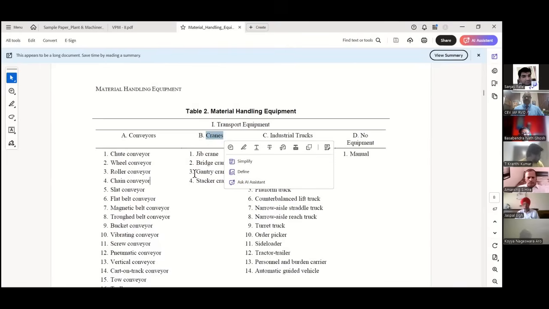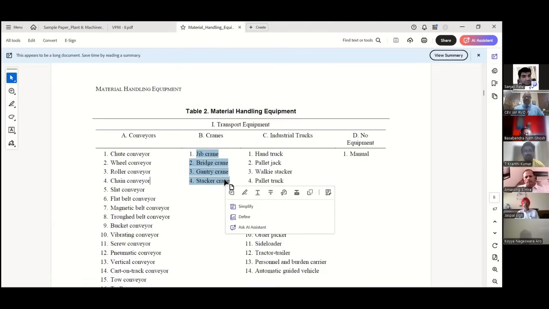Then cranes. Again, it is transport equipment, such as a jib crane, bridge crane, gantry crane, or stacker crane.